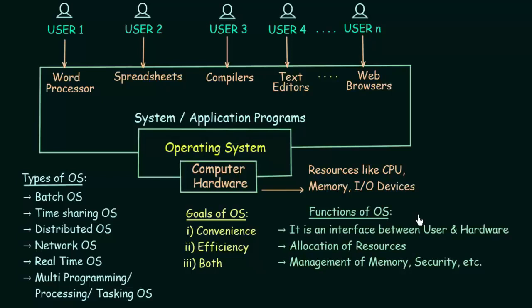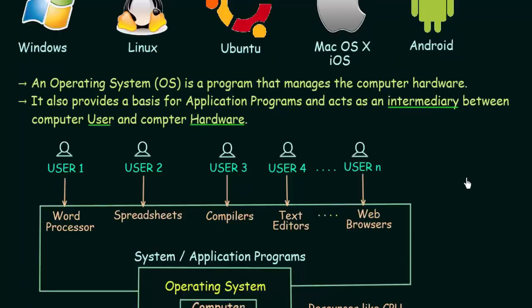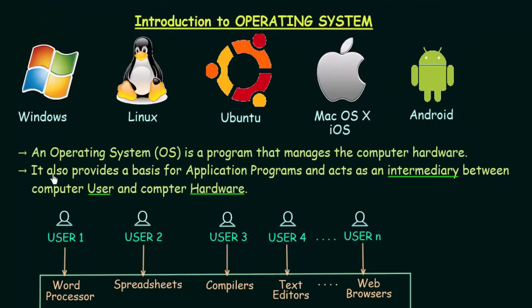In this lecture, we have seen the types of OS, we have seen the functions of OS, and we have seen the basic structure and the basic components we have in our computer system, and we saw what the operating system actually does in order to make computation very easy for us. And we have also seen some examples of the operating systems that we widely use.